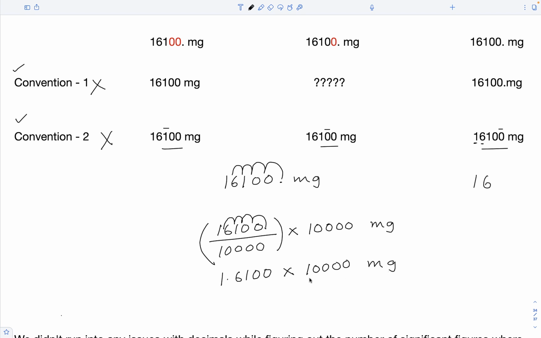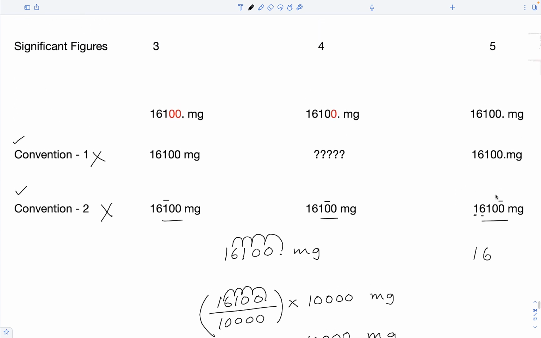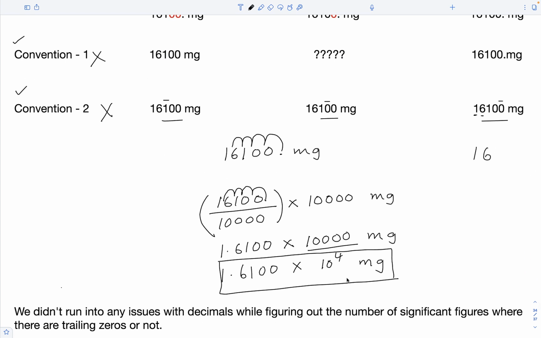Now we can write this number as an exponent for convenience. We can write this as 10 to the power of 4. So what we finally have is 1.6100 multiplied by 10 to the power of 4 milligrams. And this is what we call scientific notation. So we represented our measurement in scientific notation.